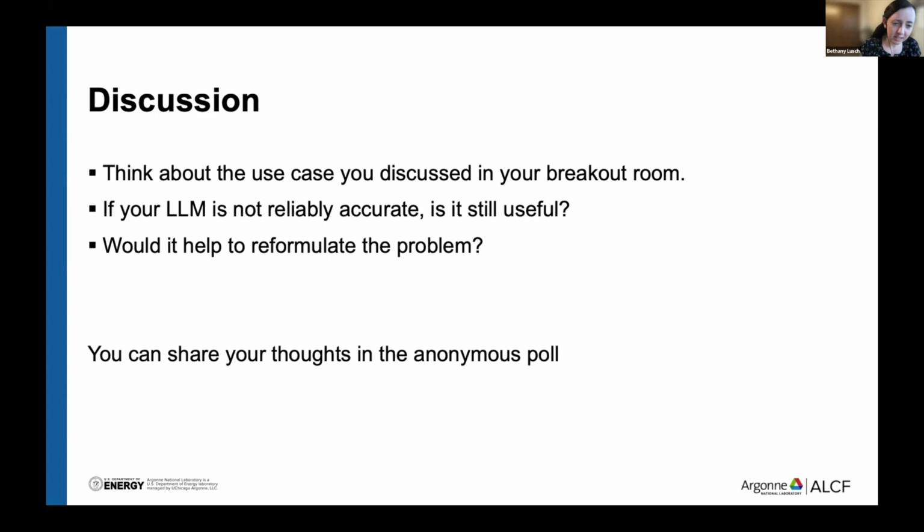So it's assisting you, but you're not relying on it directly. Or you're using it to summarize papers, but you know that you have to check it. So it's just maybe like a draft of a summary.